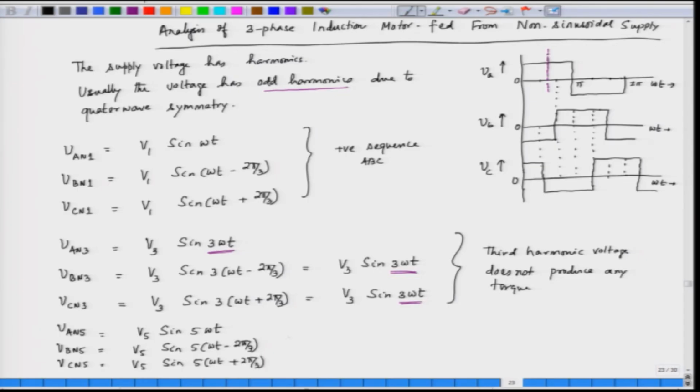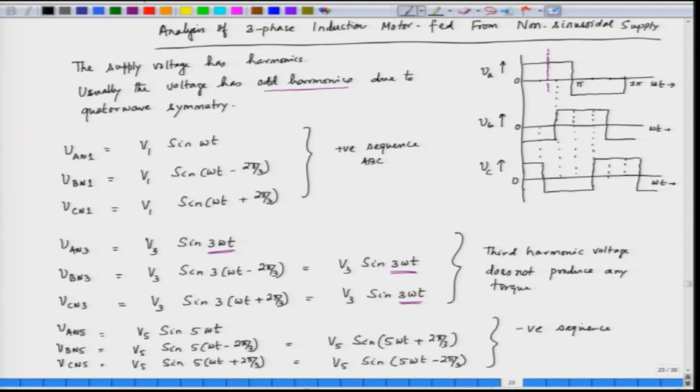If we simplify this, phase B voltage will be V 5 sin 5 omega t plus 2 pi by 3, and the V Cn5 will be V 5 sin 5 omega t minus 2 pi by 3. So, this has got negative sequence.